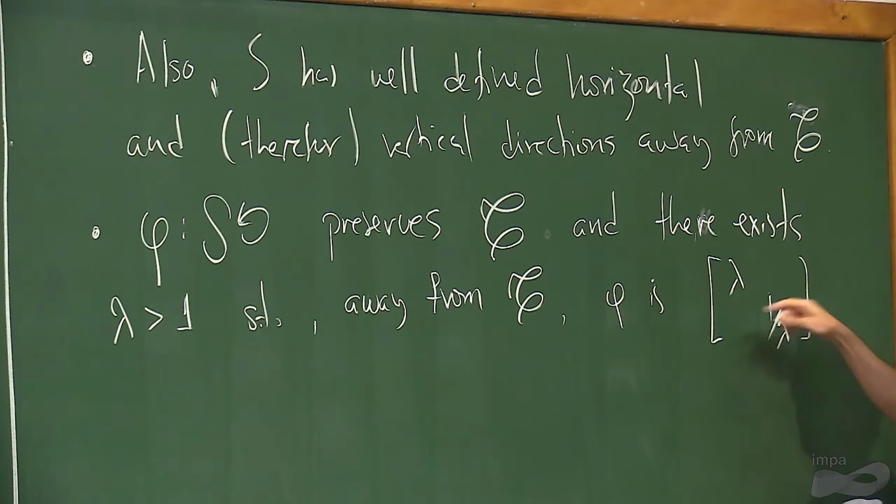In coordinates, these Euclidean points in the horizontal and vertical directions, it expands horizontal directions by this factor lambda and contracts vertical directions by the factor 1 over lambda.